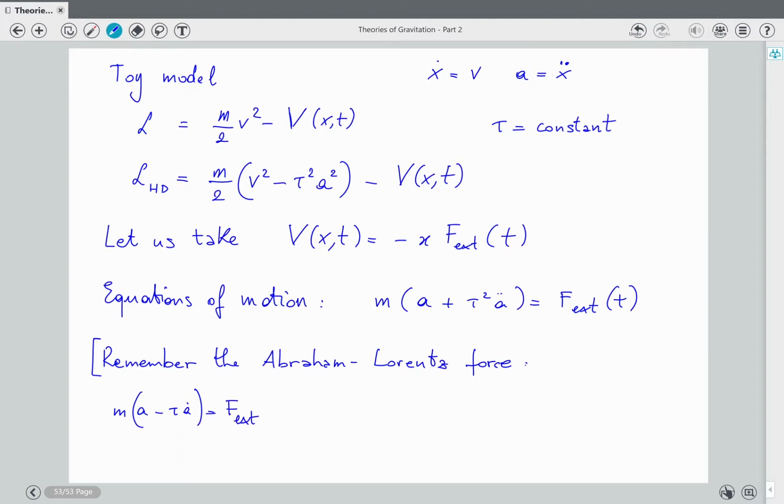And you also remember that requiring a smooth limit tau going to 0 allowed us to get rid of the runaway solution, which is the projection we are talking about here. But we had to pay a price, which was precisely the violation of causality.